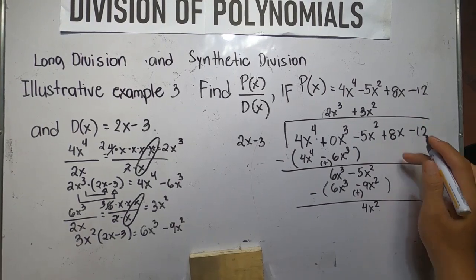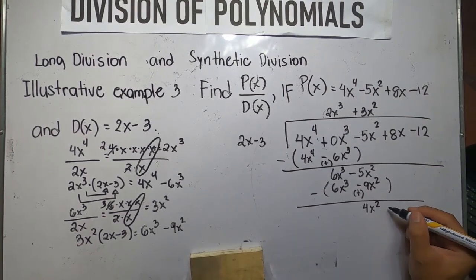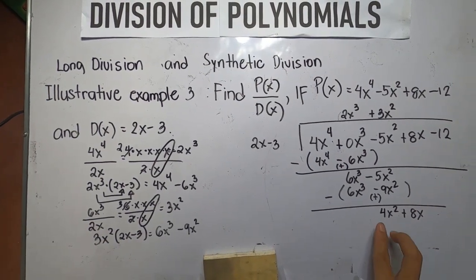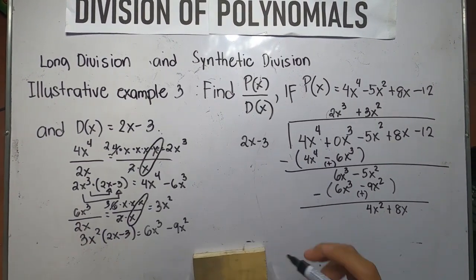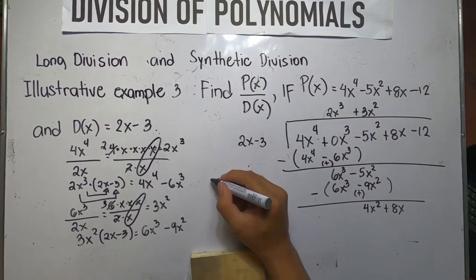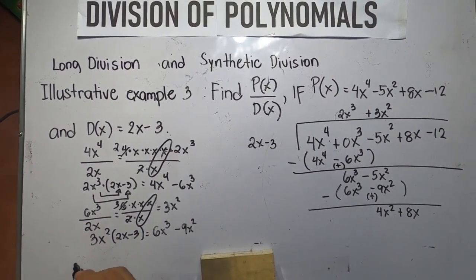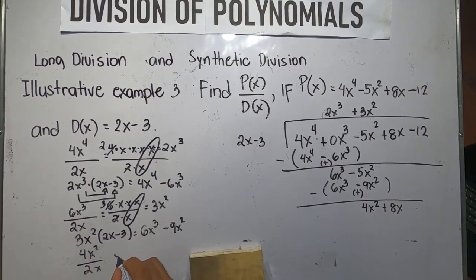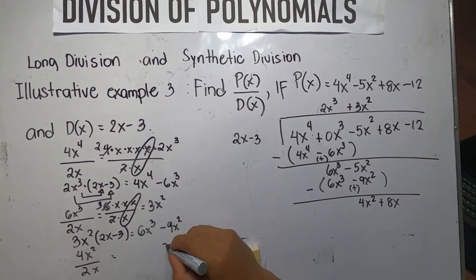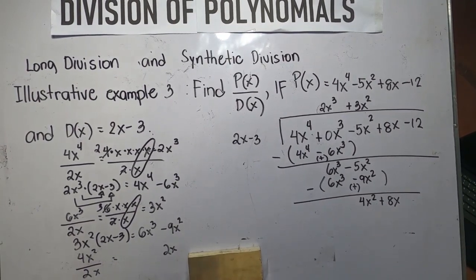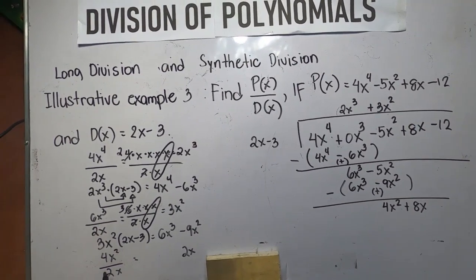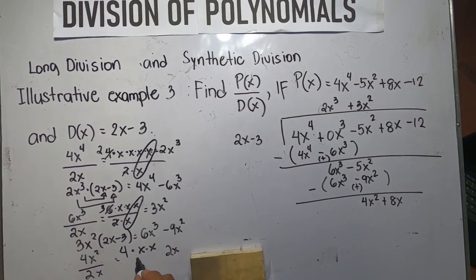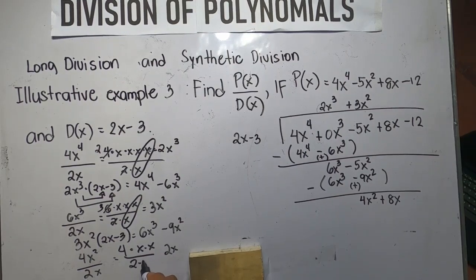Then, bring down the next term of the dividend, that is positive 8x. Then continue dividing. 4x squared divided by 2x, that is 2x. To show that it is 2x, we can express 4x squared as 4 times x divided by 2 times x.